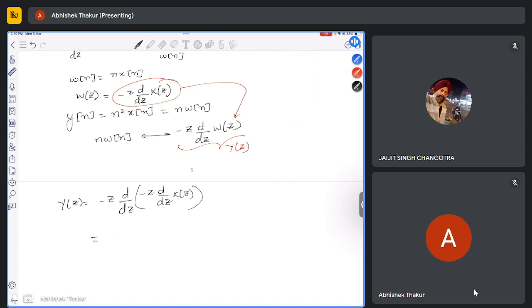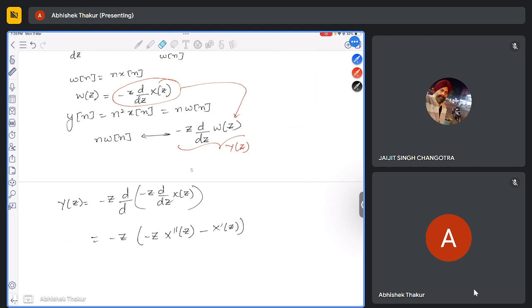So this we can write as minus z times minus z double derivative of X(z), and the next term will be 1, so it will be minus of the single derivative of X(z). Just take this term inside the bracket.